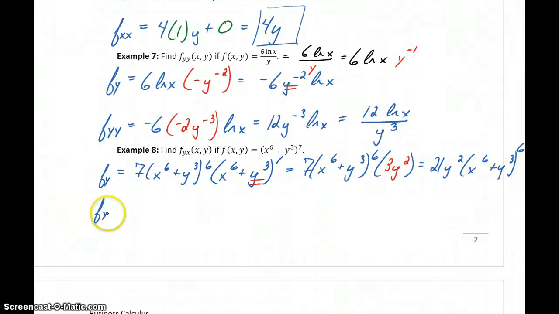Now we want the derivative of f sub y with respect to x. So looking at our result, the only place we have an x variable occurring is again in this interior function.